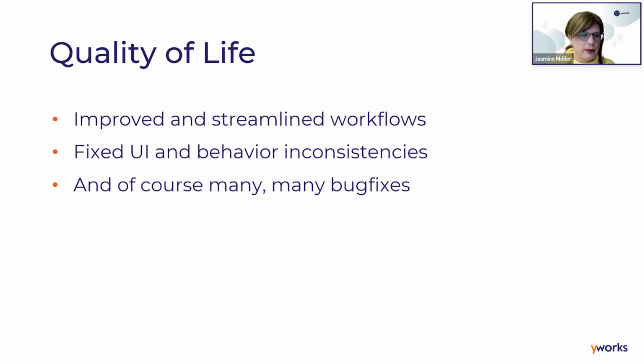In general, we made the UI and the behavior more consistent. And as can be expected, we also fixed many bugs. Hopefully you haven't run into any of these, but this is what you would expect from a quality of life release. And I think that already rounds up the presentation.